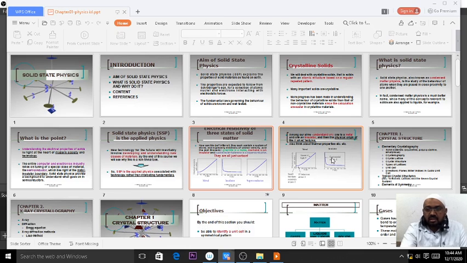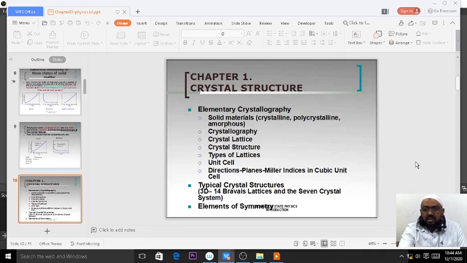In the next slide you have seen the difference in temperature dependence for different metals, and then we started with the crystal structure. In the crystal structure, that is chapter 1, we have to study the solid materials, that is crystalline, polycrystalline and amorphous solids, what is the meaning of crystallography and what is a crystal lattice.